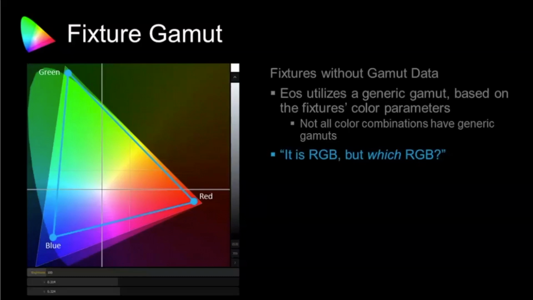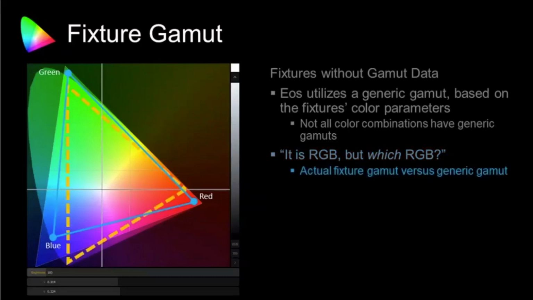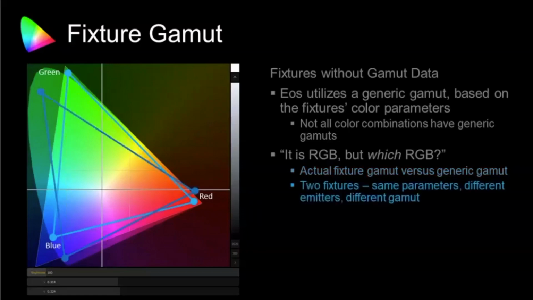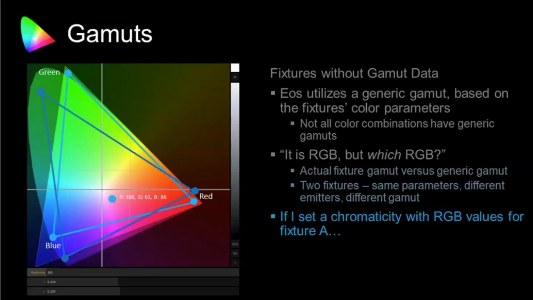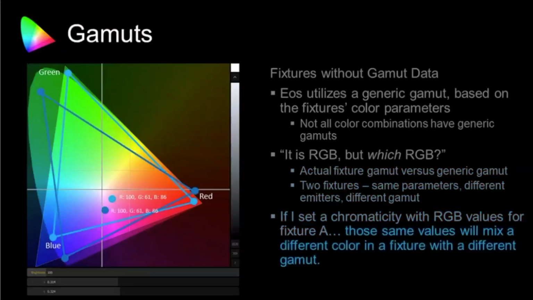So what we can run into is, if we don't know what the gamut of the real fixture is, and we're applying our generic gamut to it, when you go to pick a color in one of the gamuts, it's going to give you a different result in the fixture.